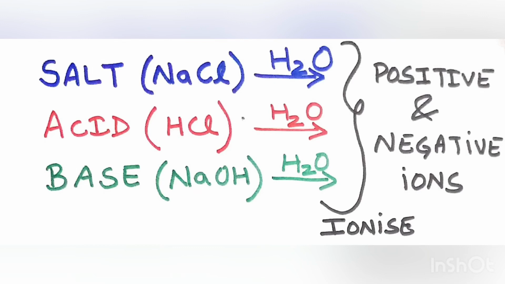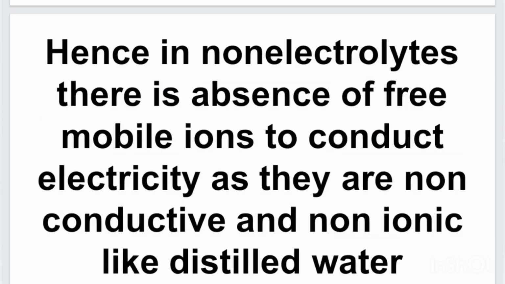These free positive and negative ions, which are mobile, are helpful in conducting electricity through the liquids. That is why these liquids are electrolytes. Whereas in non-electrolytes, there is absence of any such free positive and negative mobile ions. That is why they are non-conductive and non-ionic.